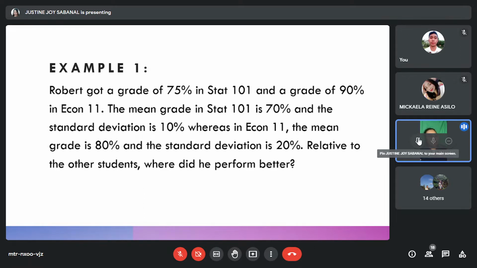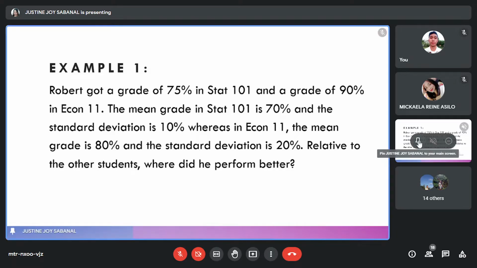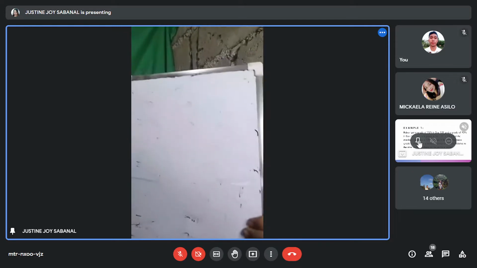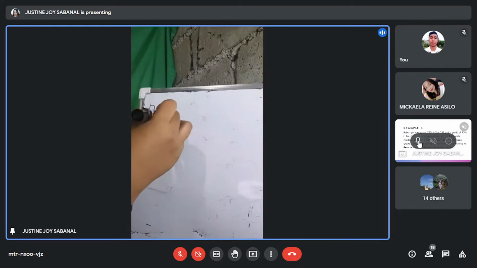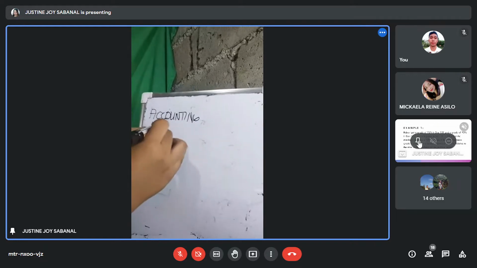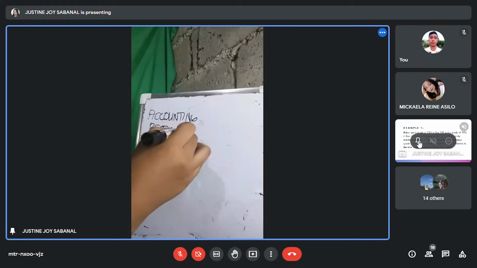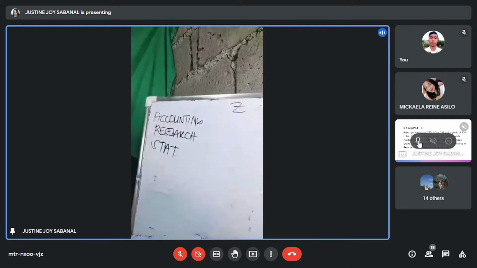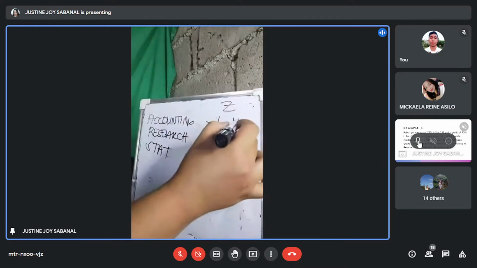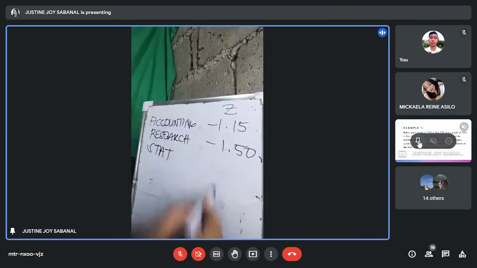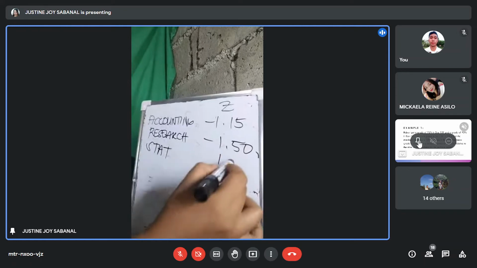So, saan kaya natin siya dapat ilagay? So, kunwari, ang accounting, research, at saka stat. Tapos, yung value ng z is negative 1.15, negative 1.50, at saka po ay positive 1.5.